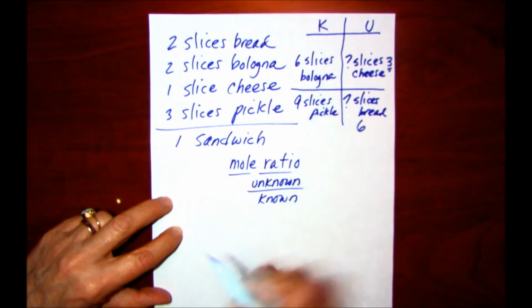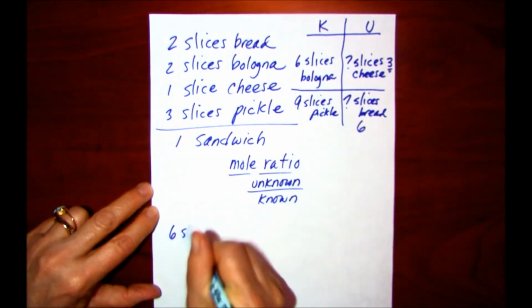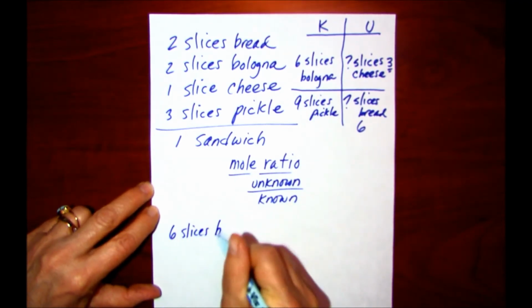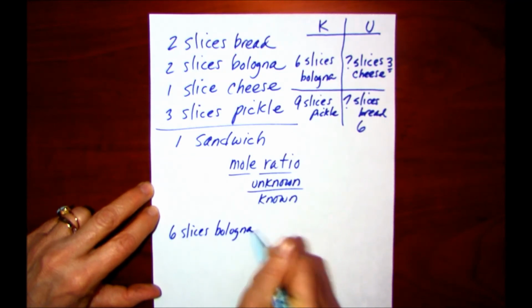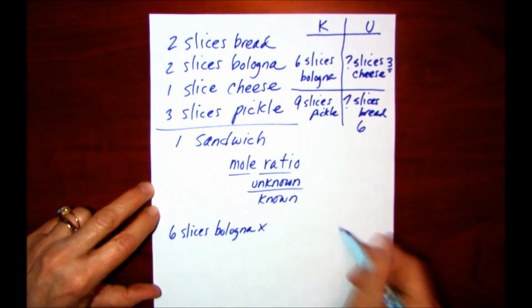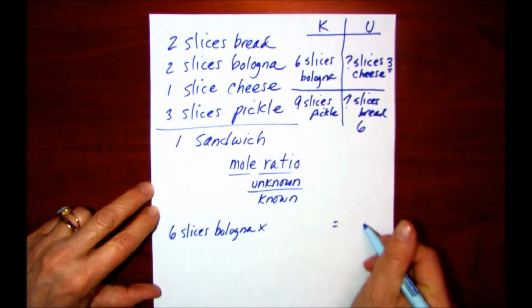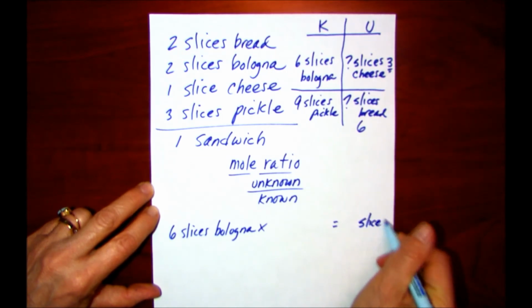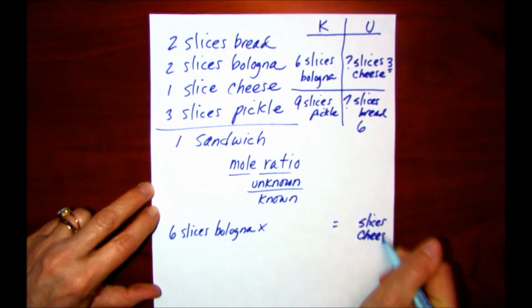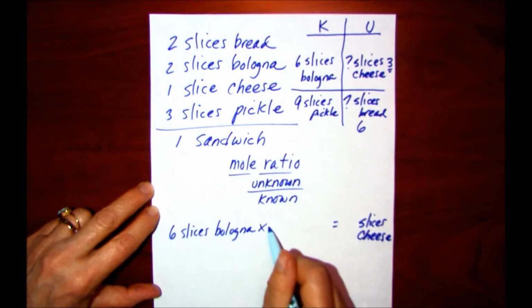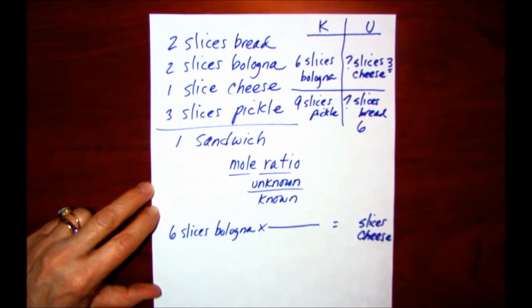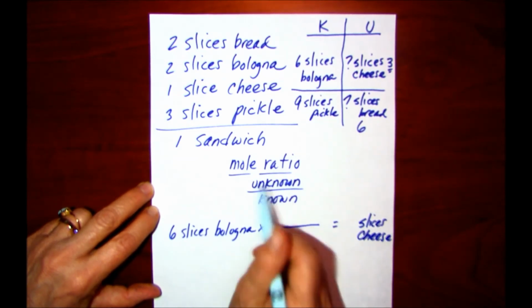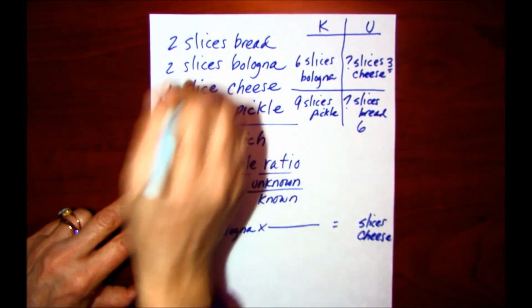Here, the known thing is 6 slices of bologna. The unknown thing is slices of cheese. We want to multiply this by this mole ratio, and you get the mole ratio, these numbers, from the recipe.